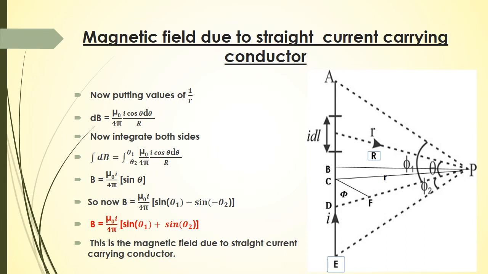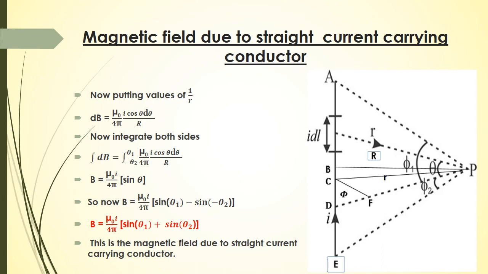So we have replaced all the ungiven quantities with given quantities. So now this is the formula for the magnetic field due to current I at normal distance R, where point P has elevations theta 1 and theta 2.